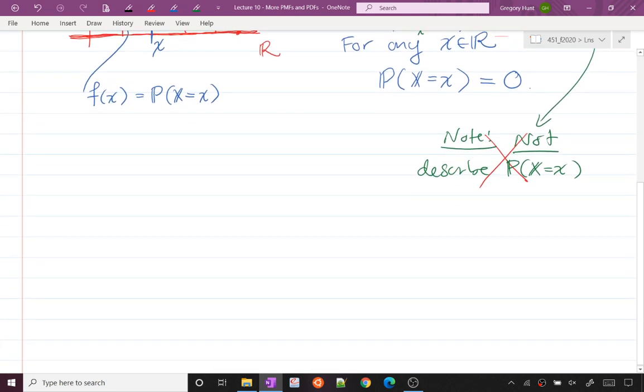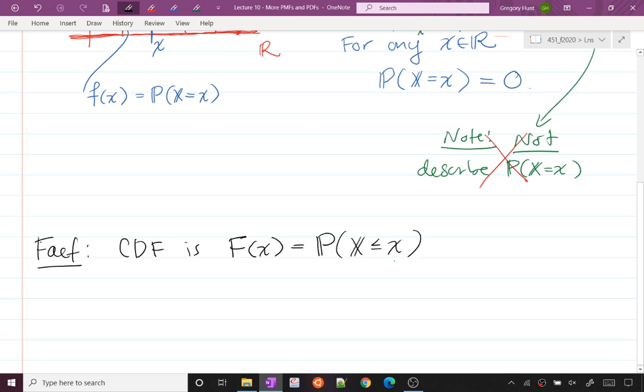Okay. So we had this other fact that we kind of ended with, and that is the CDF, recall, is a function for either discrete or continuous where capital F, which I used to denote my CDF, is the probability that my random variable is less than or equal to some value little x.